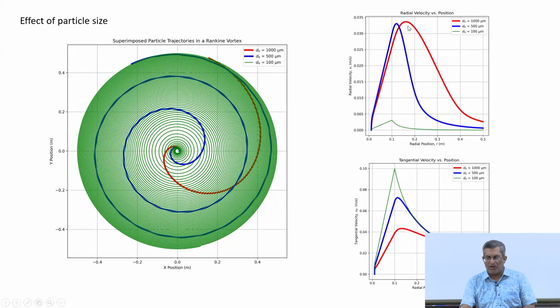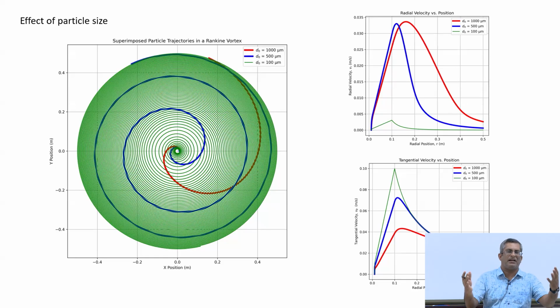This shows the quantitative picture of what is presented here: the radial velocity and tangential velocity, and how they vary with the radial position. Okay, so we have discussed as of now various examples of particle-laden flows where we predict the particle behavior when the carrier phase is prescribed.